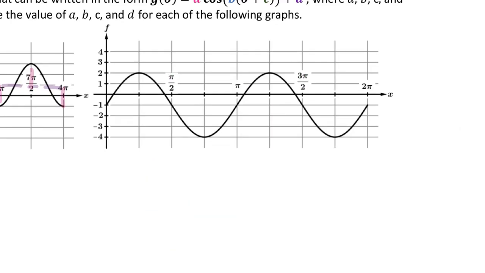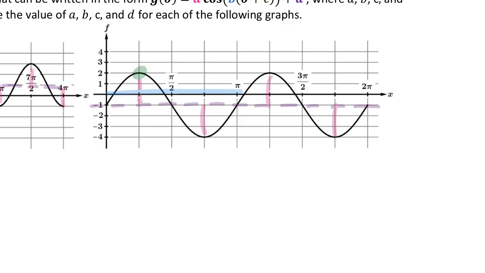So I see here that this time we have a midline at -1, that our amplitude is 3 units, that my period is pi, and since I'm writing a cosine function, I'm going to pay attention to this first peak that I see.